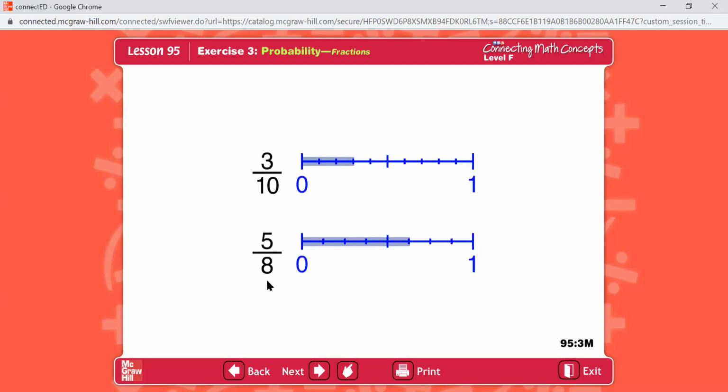Now look at 5/8. 1, 2, 3, 4, 5, 6, 7, 8. So we have 5 shaded in. 1, 2, 3, 4, 5.